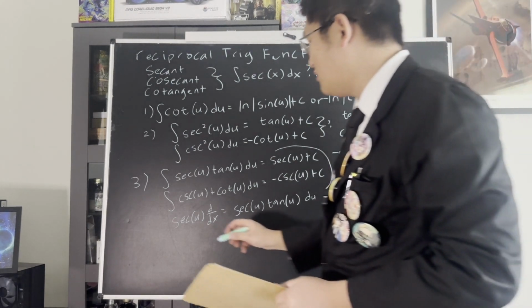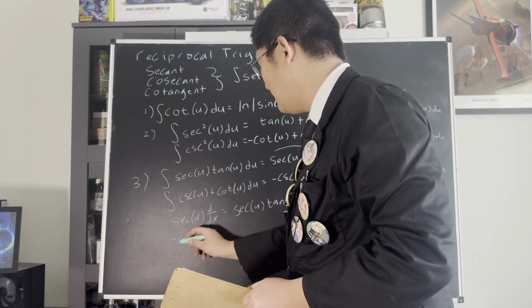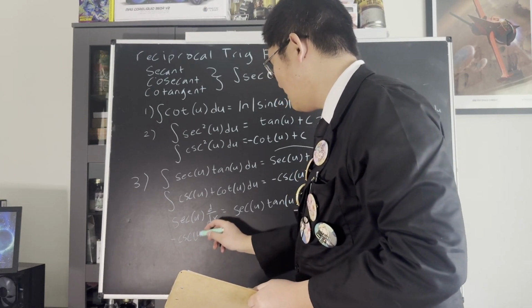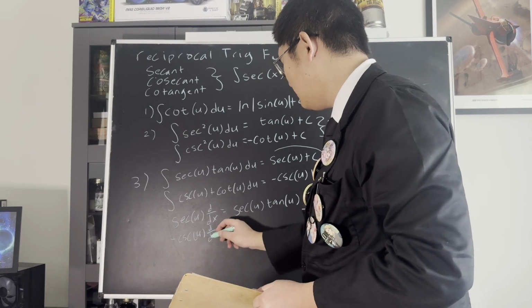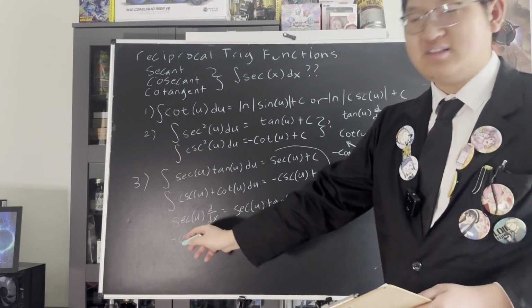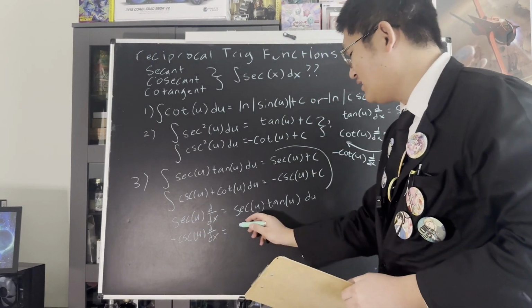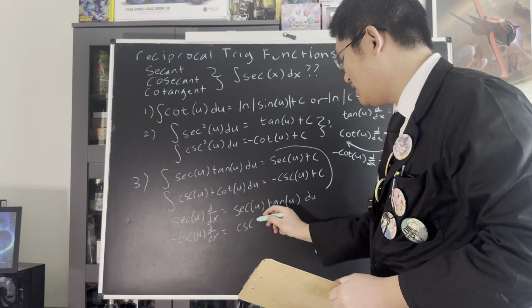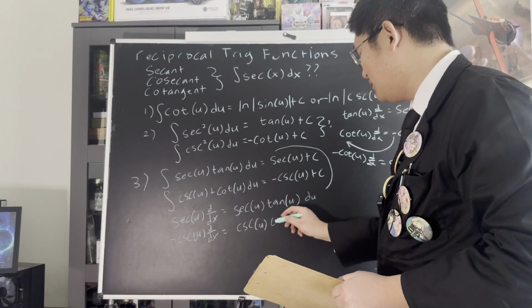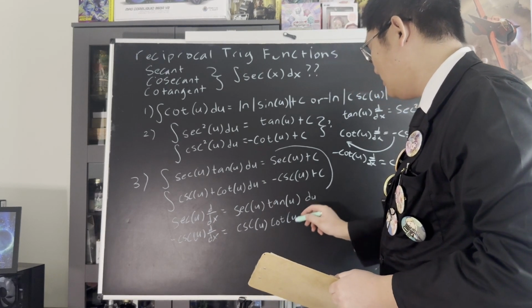And on the other matter, if we have negative cosecant, starting with the negative, the derivative will slap on another negative, making it back to a positive cosecant of u times a cotangent of u du.